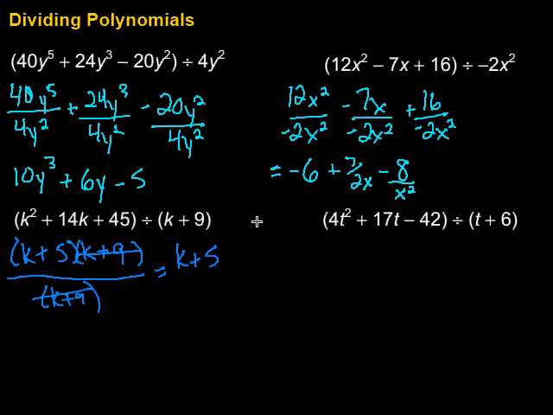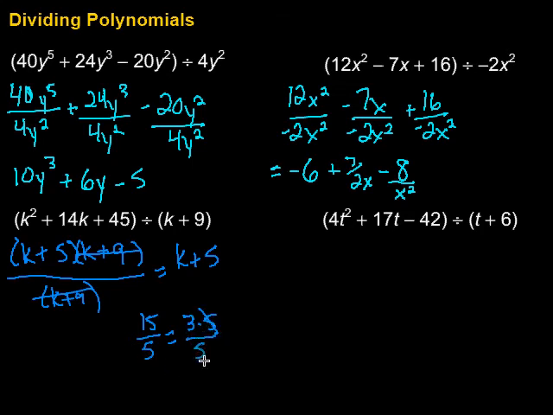Now, let's just step back for a second and look at an example with a number that we might be a little bit more familiar with. Let's say we have something like this. We want 15 divided by 5. Okay, well, 15 would break up, I could break it down to its factors of 3 times 5, and that's over 5.